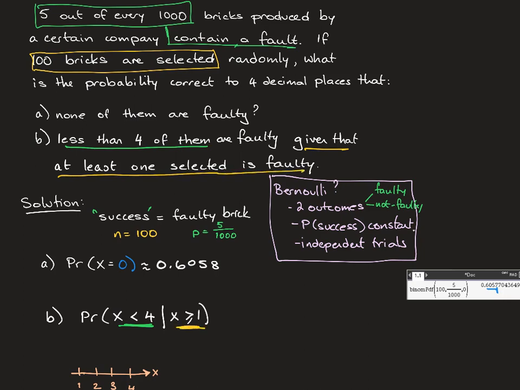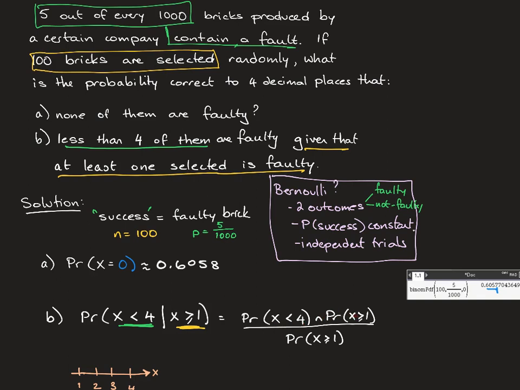So we use our conditional probability formula, where that is the intersection of the 2 situations here: x is less than 4, x is greater than or equal to 1, divided by the second one. Now, a common mistake that people make in the exam is that they just think, and in many cases this is true, that this is just equal to the probability that x is less than 4. They don't worry about this at all.